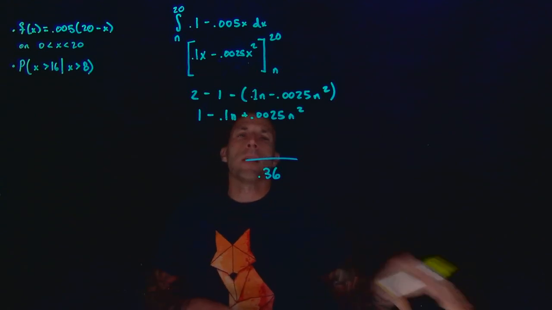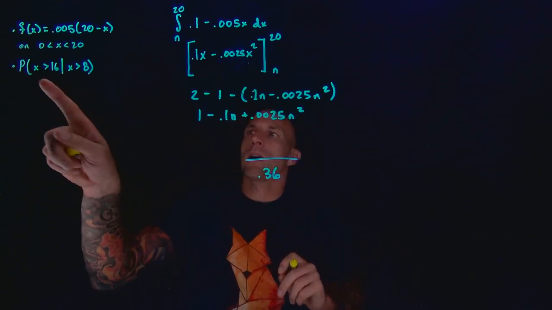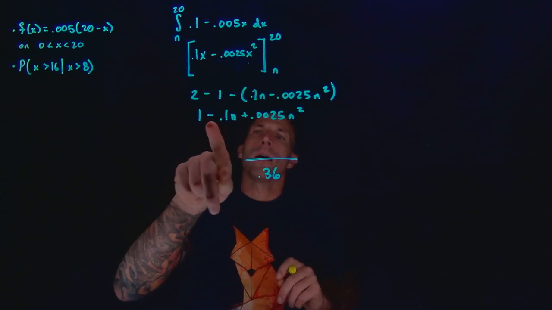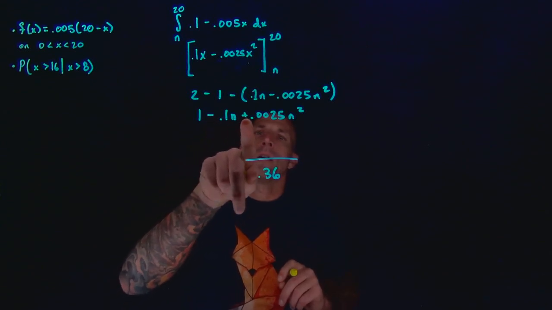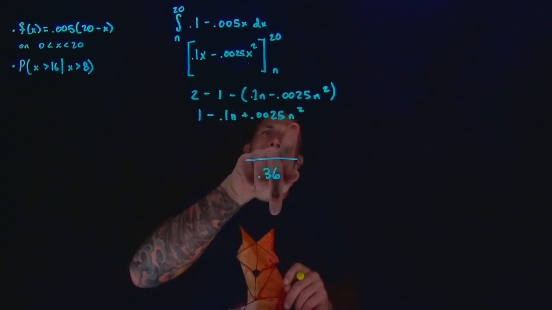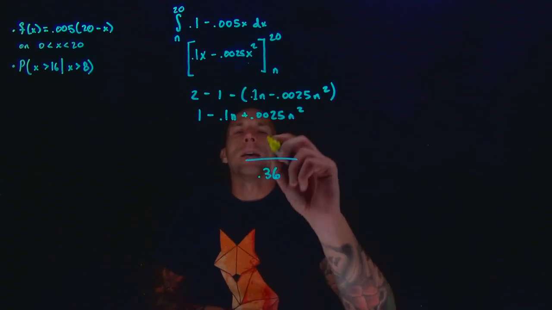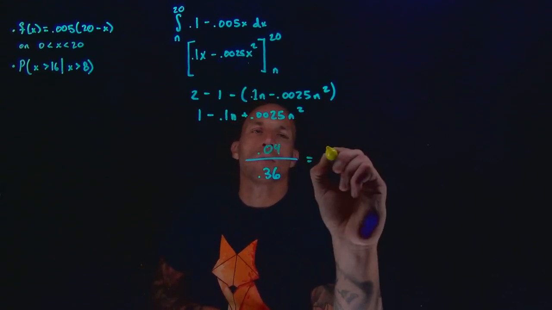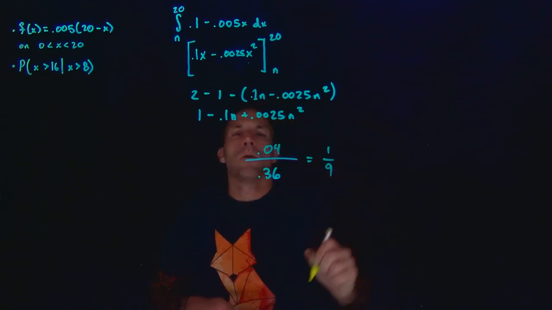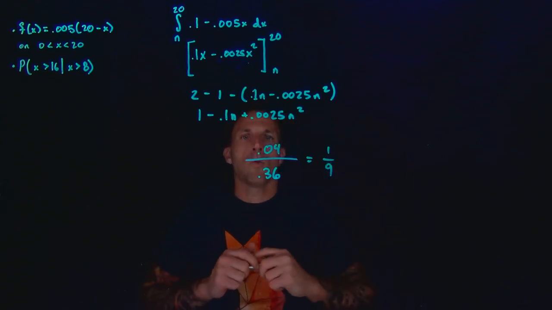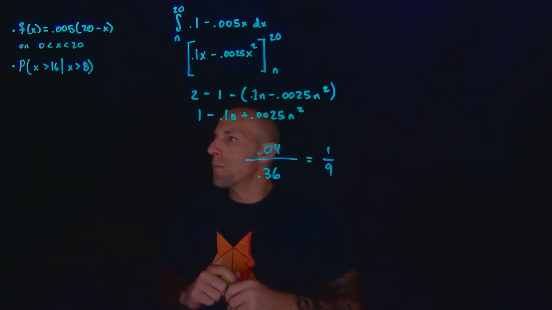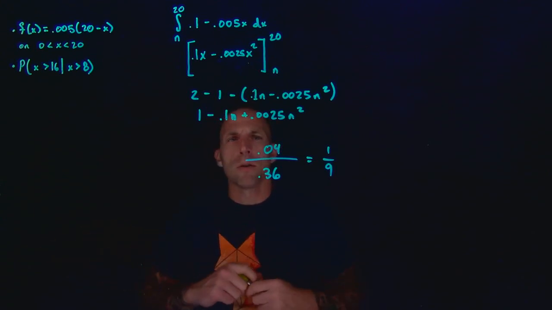That should be something that very easily goes into the calculator. The numerator is going to be the same, but we're going to use 16. 1 minus 0.1 times 16 plus 0.0025 times 16 squared is going to be 0.04, which reduces to 0.1 repeating, or 1/9. So the correct answer here is B.